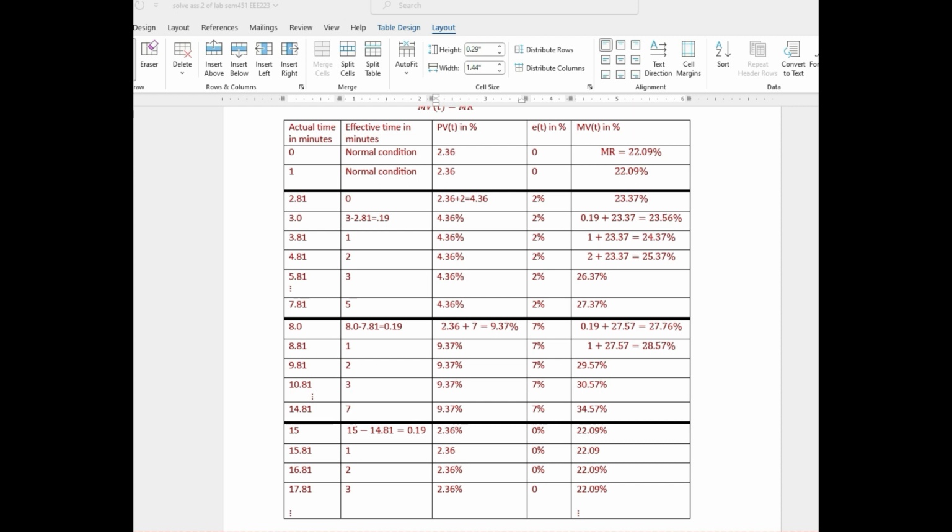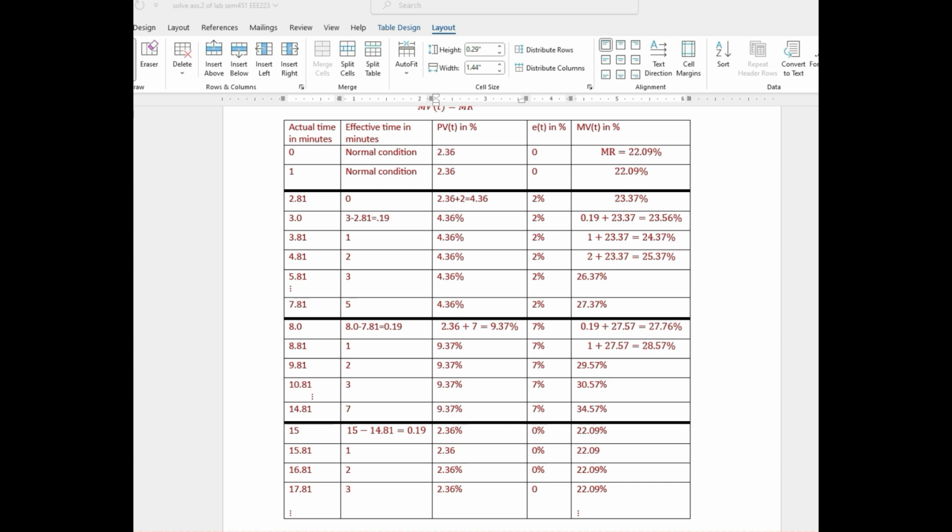They show me that above the line is the first period, then after this thick line is the second period, then after the second thick line is the third period, then after the third thick line is the fourth period, which starts from 14.81 until infinity.